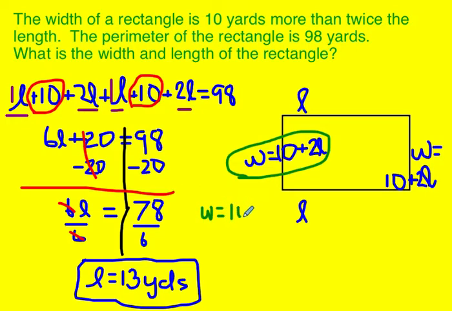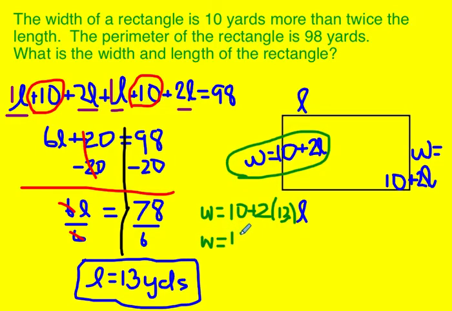10 plus 2 times 13. And when we simplify this, if you're using a calculator, you can put it in exactly like you see it right now. But if you're not using a calculator, we need to think about order of operations, which means we would need to multiply first here.